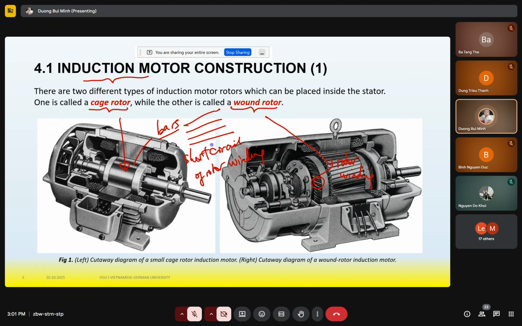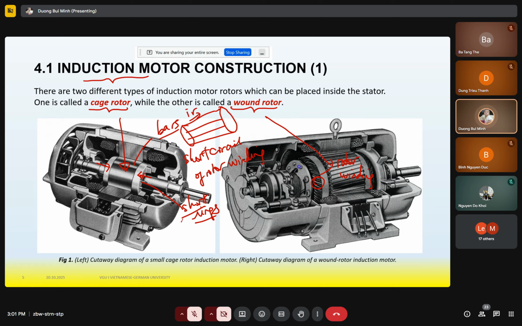So how can we make a short circuit? Here, you can see this one and this one. This is a shorting ring, in Vietnamese vòng ngắn mạch. If we have rotor bars and two shorting rings, this becomes a closed circuit and we can get the rotor current IR.